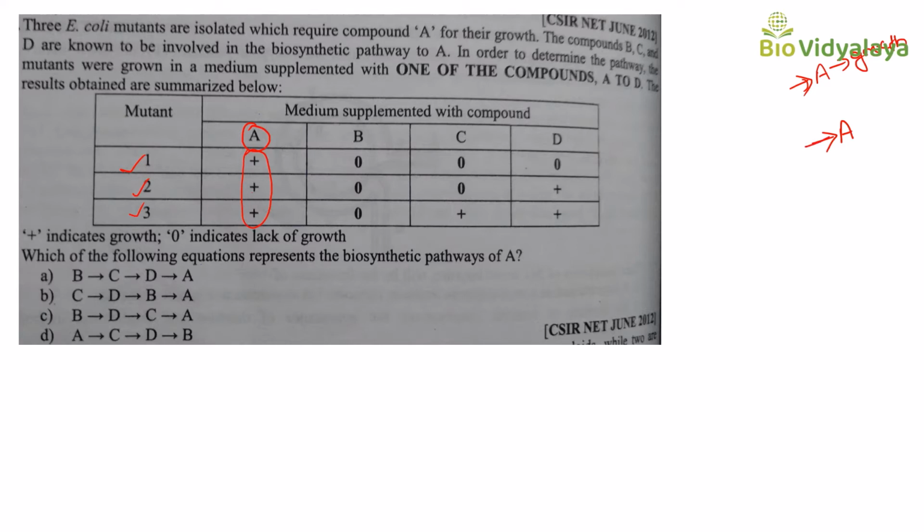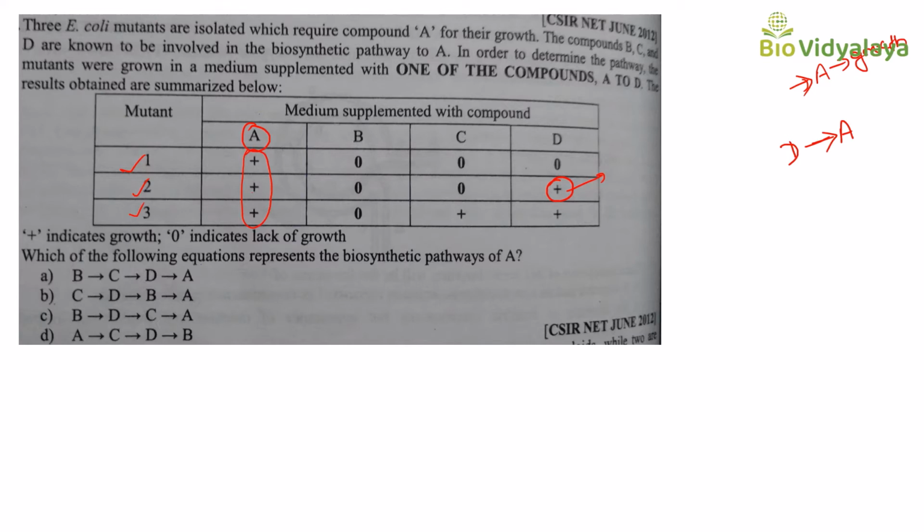After that we can see that here D is positive and B and C are 0 only. So here also there is growth. So we can say D is coming before A. So D can convert to A.